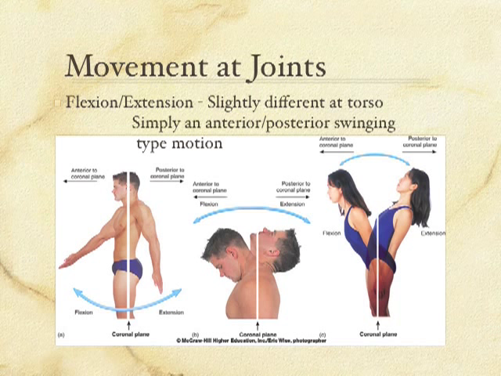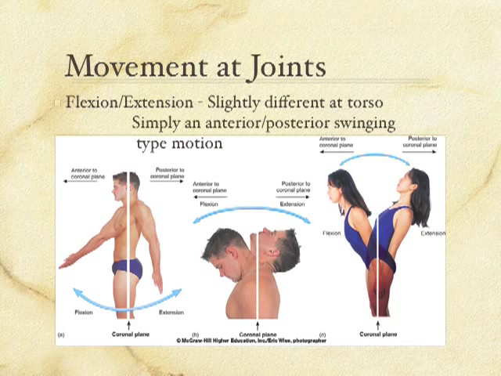The knee is the only exception to this whole rule. But otherwise, I think generally it's easiest to think, if I'm dealing with the whole body, shoulder, hip, torso, head and neck, anything in the central core of my body, think forward, backward, anterior, posterior, flexing forward.